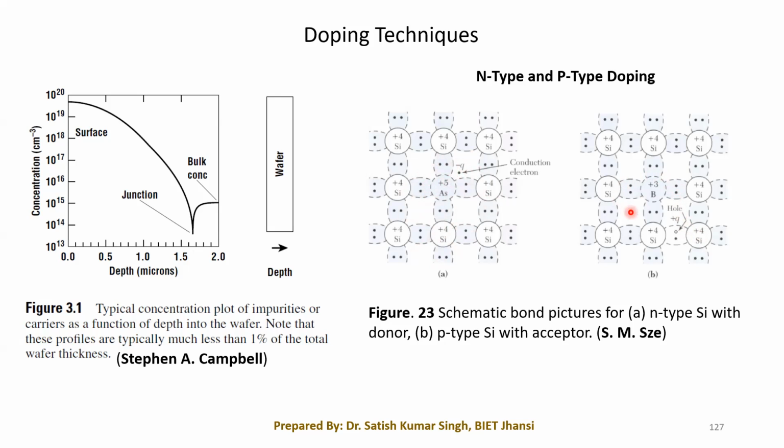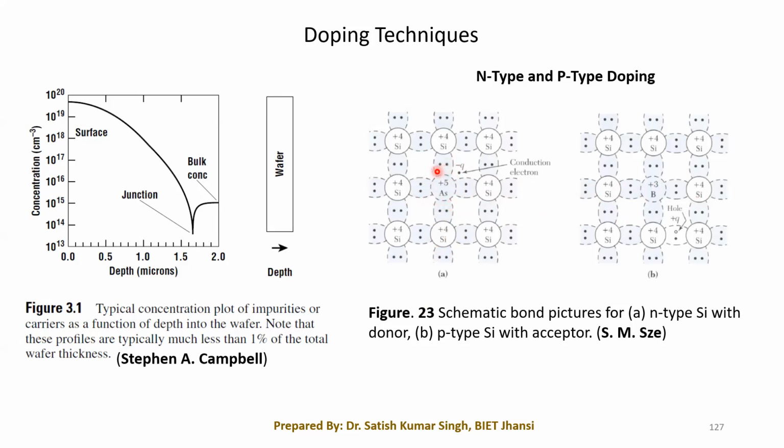Okay, so what we can see from this picture, one thing which is very clear, is that if you look at these two pictures, whenever arsenic or boron, the dopant materials, occupies a substitutional site, because there should be a silicon there.